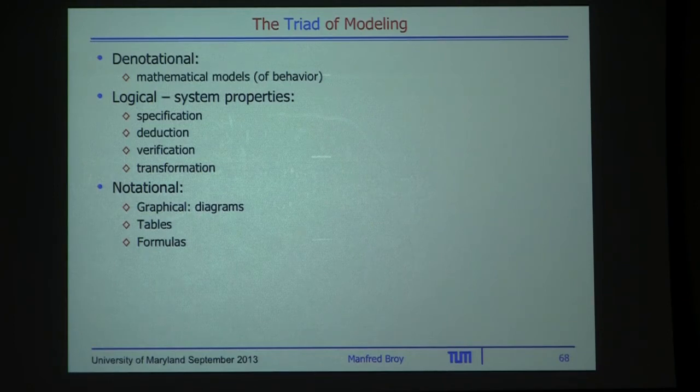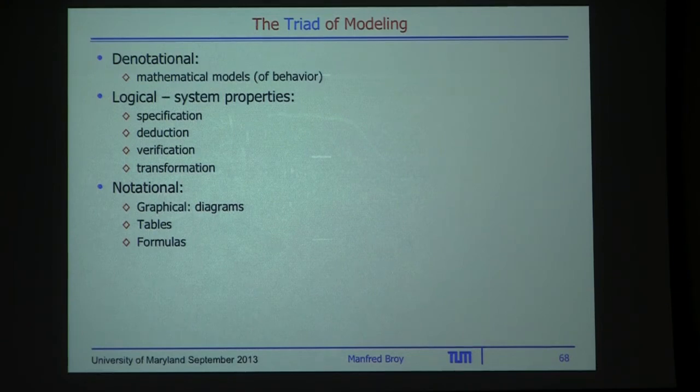We have logical system properties. This was specifications. Each such behavior can be described by a logical formula. Having the logical formula, you can write specifications. Having specifications, you can do deduction, because this is predicate logic, so you can immediately do verification, and you can also study transformations, refinement.